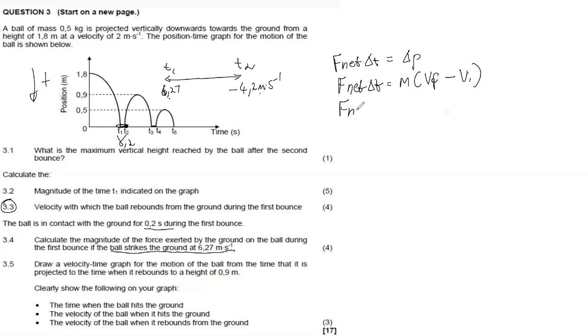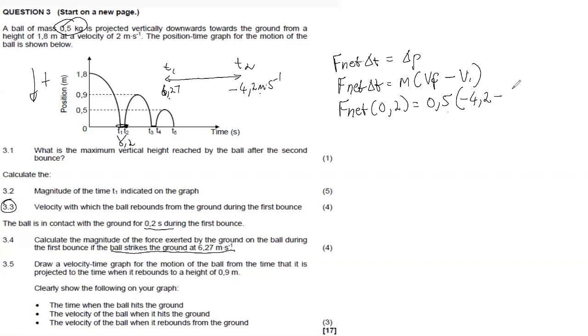So we are given the contact time between the ball and the ground is 0.2. And our mass here is 0.5 kg, so it is in the desired SI unit, but our final velocity will be the velocity with which the ball leaves the ground or rebounds from the ground. So this is negative 4.2, and our initial velocity is the velocity with which the ball strikes the ground.